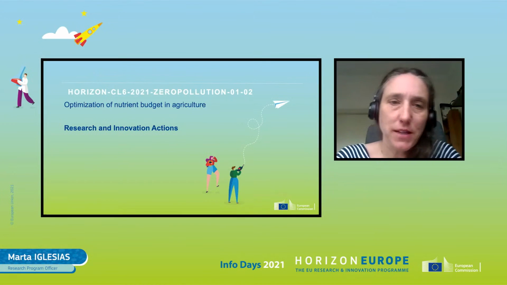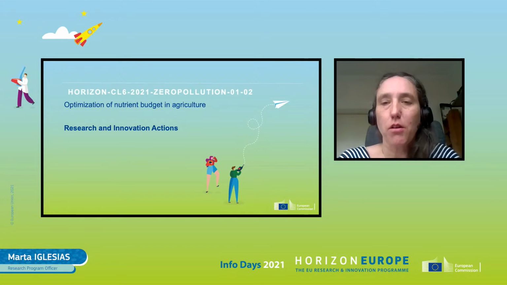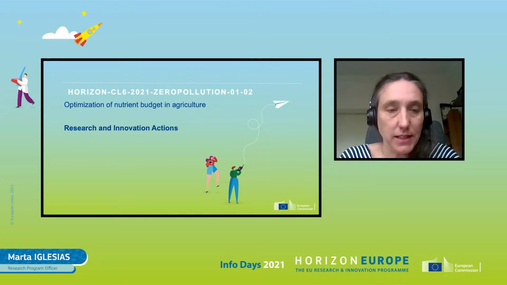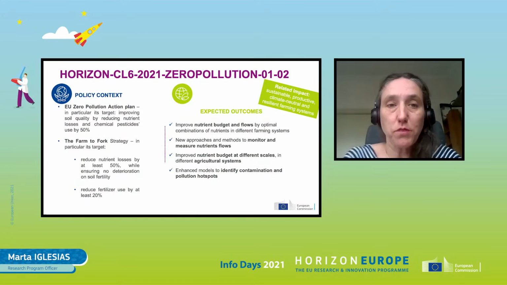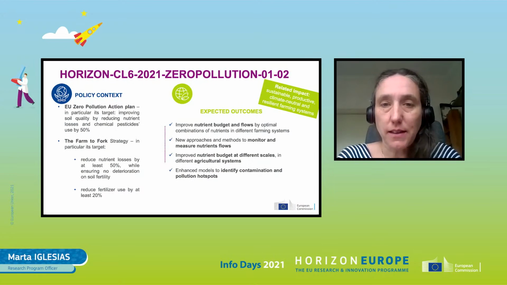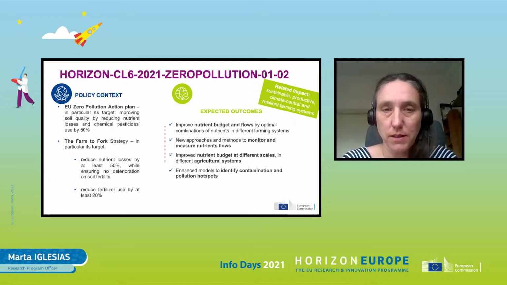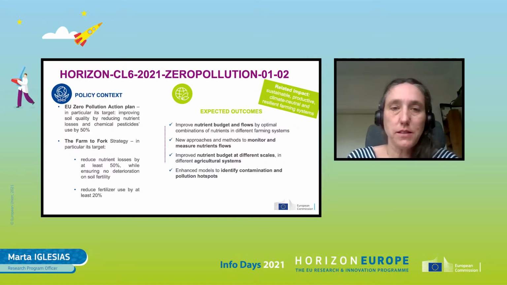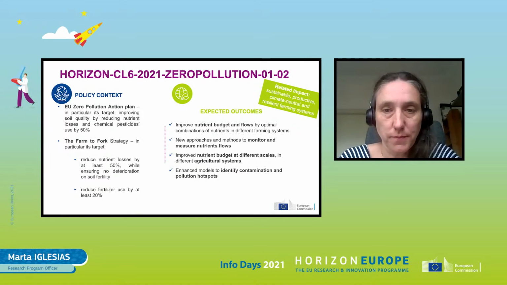Hello, it is my pleasure to present to you the topic on optimization of nutrient budget in agriculture. In the next slide, you'll see that the Zero Pollution Action Plan is a key deliverable of the European Green Deal. It sets out a vision for 2050, where pollution is reduced to levels that are no longer harmful to human health and natural ecosystems, and also provides the steps to get there. This plan puts a special emphasis on how to use digital solutions to tackle pollution.